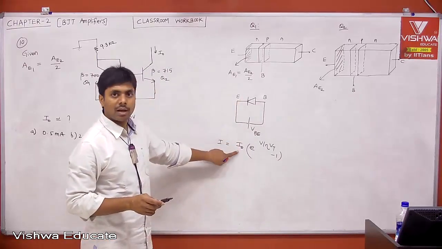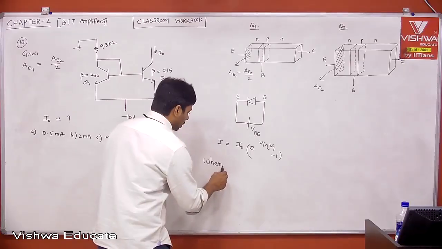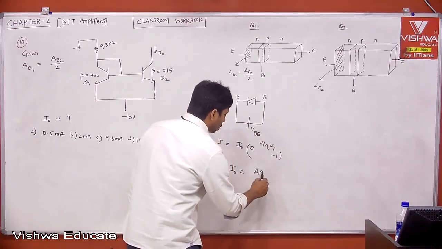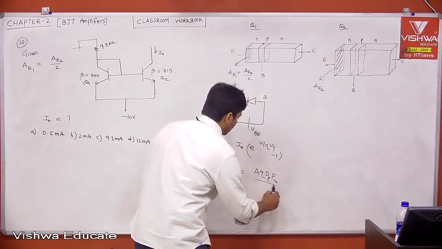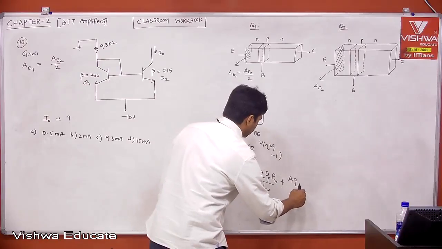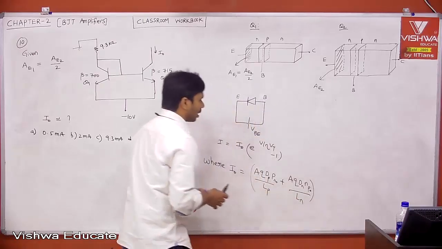It is inside I naught, where I naught is equal to A into Q into Dp into Pn naught divided by Lp plus A into Q into Dn Np naught divided by Ln. This is the reverse saturation current.